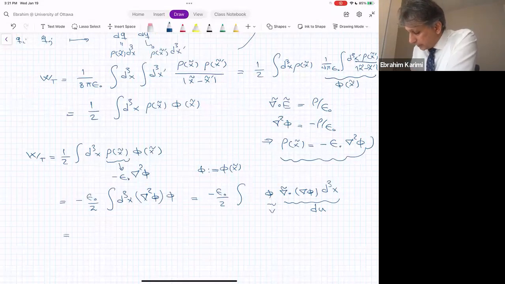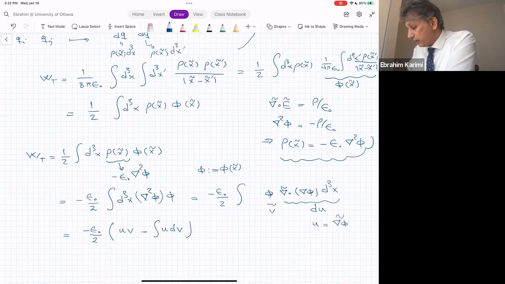So essentially, that will be minus epsilon 0 divided by 2. Then we have UV, right? Minus integral of U dV. So if the dV is like this, then what is happening with the U will be gradient of phi on the surface, which comes with a dot, right? True? Okay.